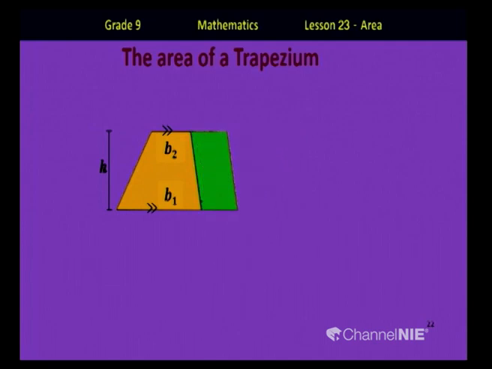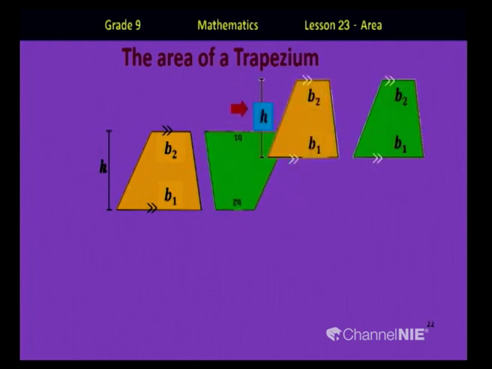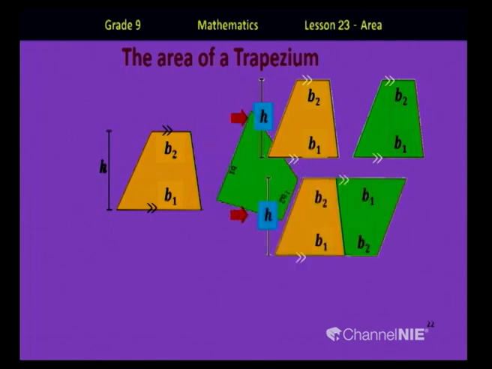Now both trapeziums are the same. Using a trapezium, we can form a parallelogram. If you are doing this activity, you should cut two trapeziums which are the same in size. Then we form a parallelogram.